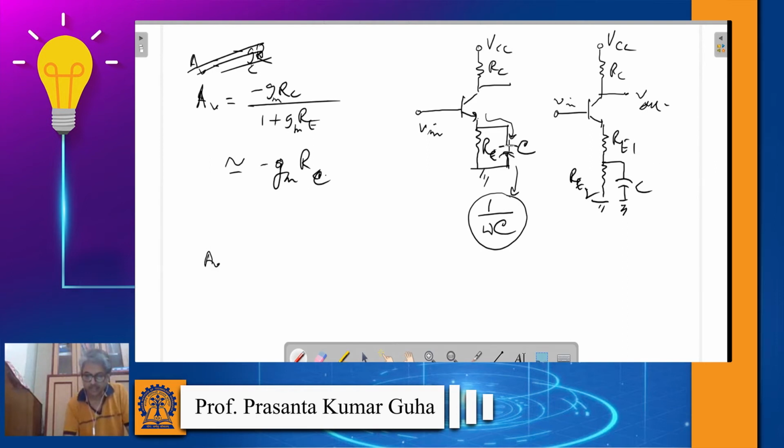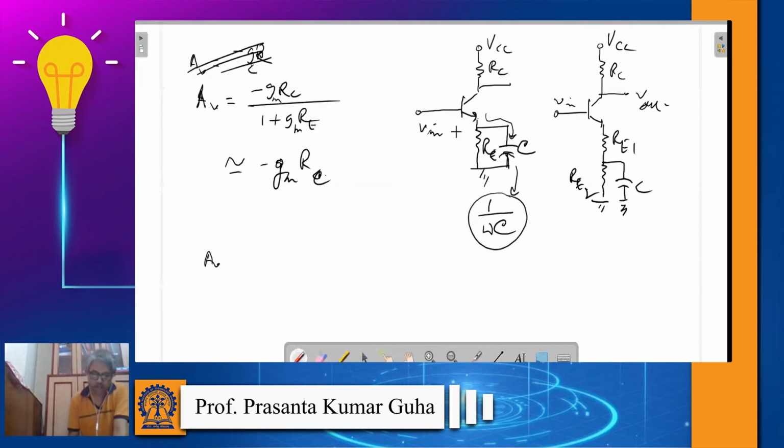For the DC signal, the capacitor will act as an open circuit, and so RE will be there for the biasing. So if you choose capacitor value properly, then you don't have to consider this capacitor for calculating the input or output impedance.